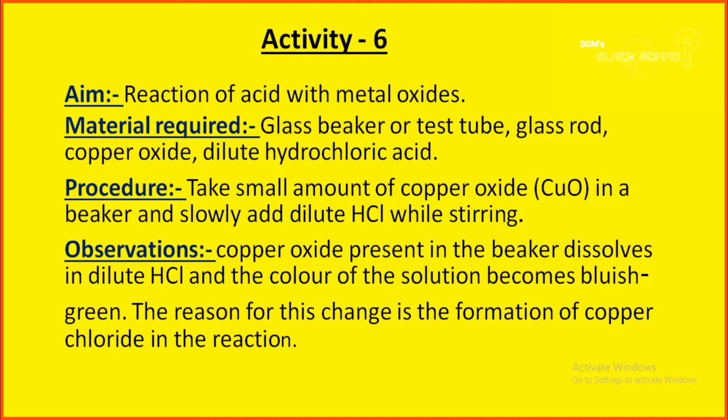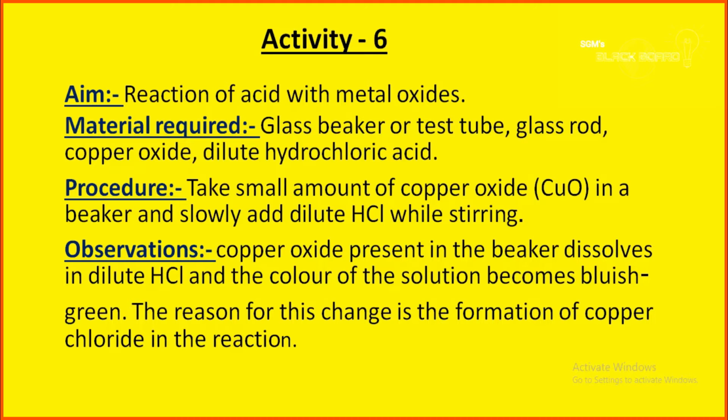For that, the materials required: glass beaker or test tube, glass rod, copper oxide, that is a metal oxide, and dilute hydrochloric acid. How to do the activity? Procedure: take a small amount of copper oxide in a beaker or a test tube and slowly add dilute hydrochloric acid while stirring.